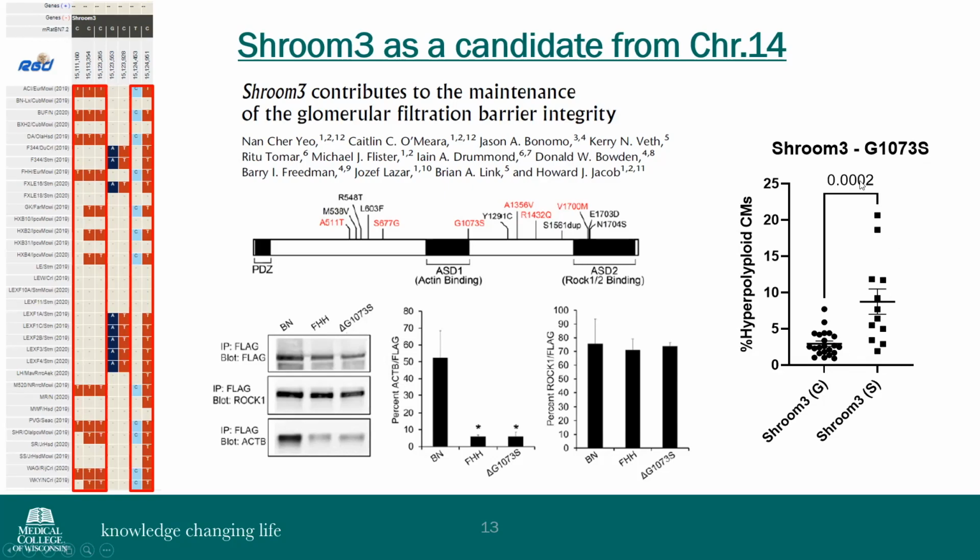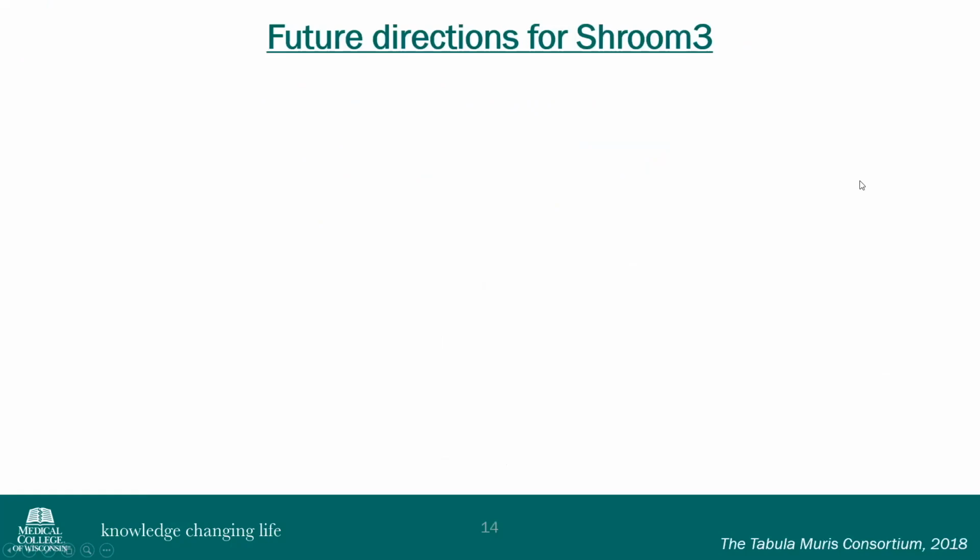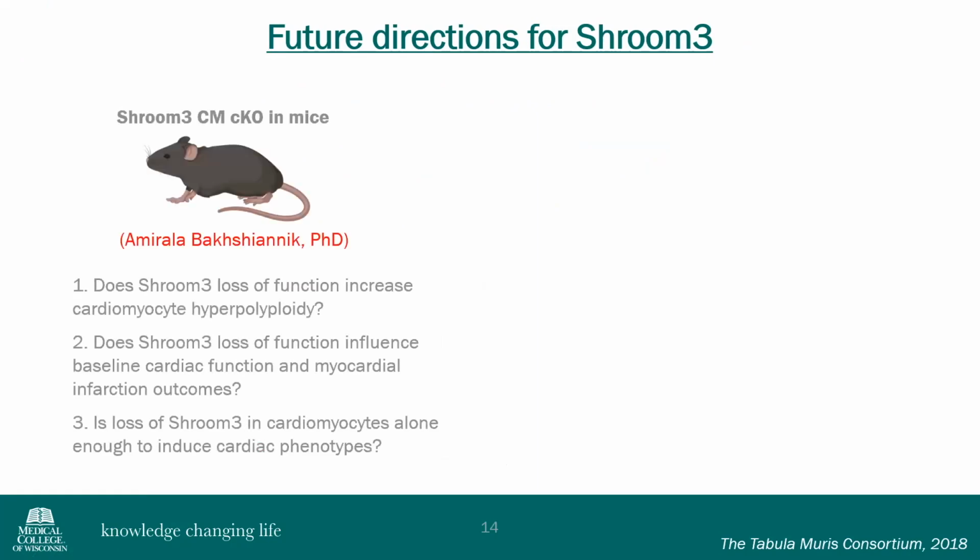So going forward, we would like to test SHRM3 in 2 different in vivo models. The first, because it's shown to be functionally important in the kidney and to affect kidney function, we wanted to ask if there is a cardiomyocyte intrinsic role for SHRM3. We're doing this with our collaborators in Dr. Caitlin O'Meara's lab.